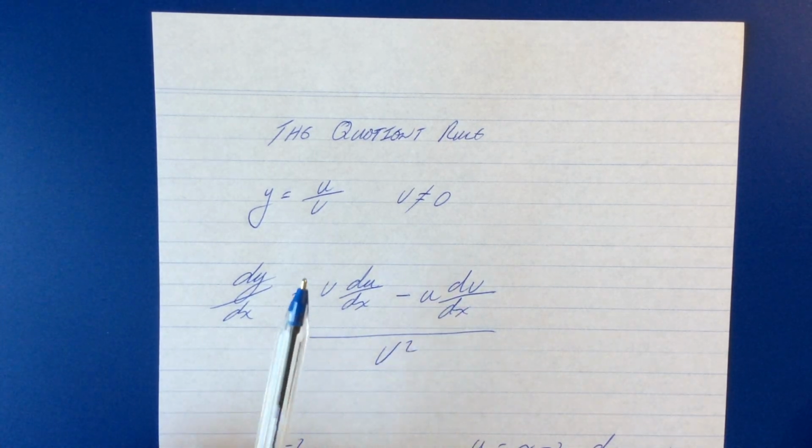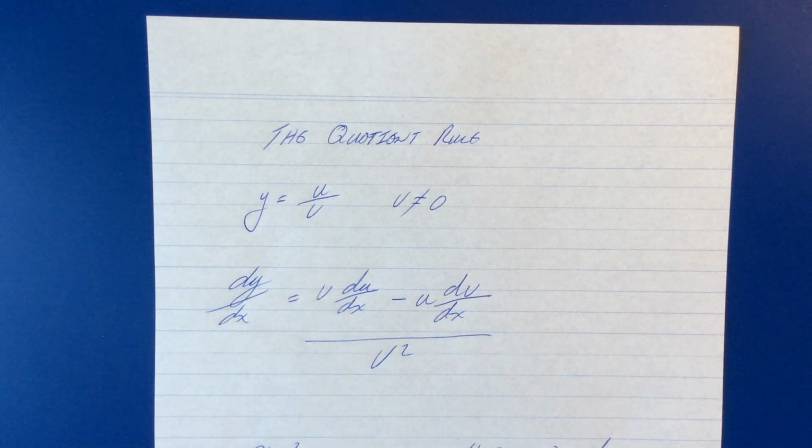Now, as I say, those of you familiar with the product rule will see some really striking similarities here, and if you're unfamiliar with the product rule, I'd suggest you go and have a look at it. There's a video in this playlist on it, and it contains a worked example, as will this video.